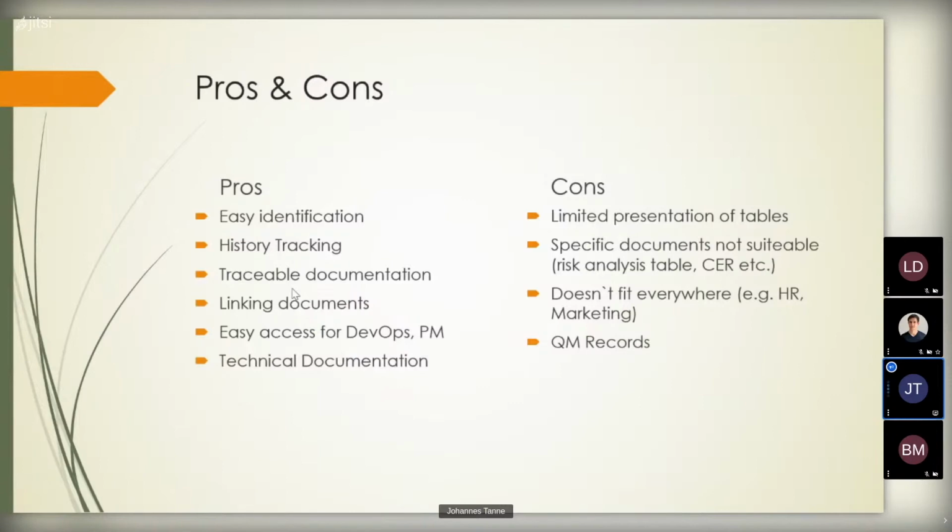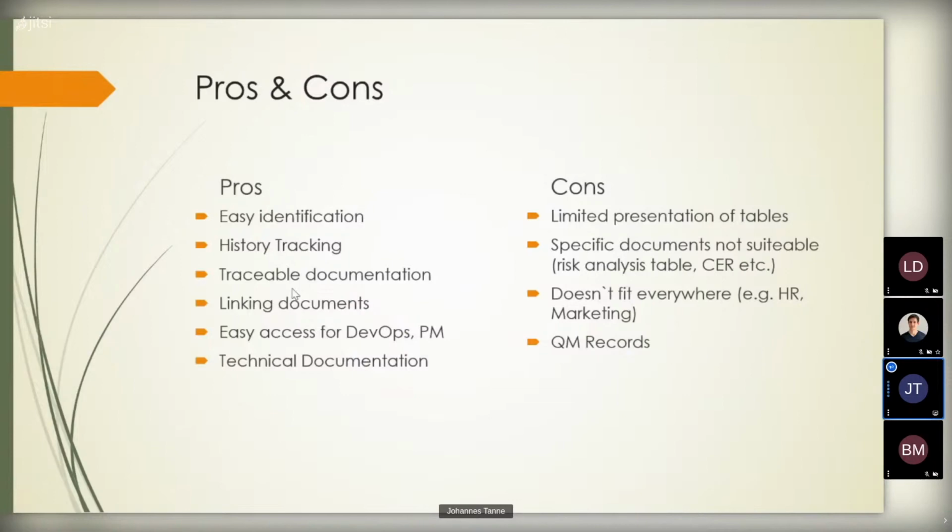We also have other files that are required by the standard and the regulation in our technical documentation, and they are changed within GitLab. But there are also some disadvantages, like documents such as large tables that are not so useful in GitLab. Here you can use alternatives like Google Docs or Google Sheets.